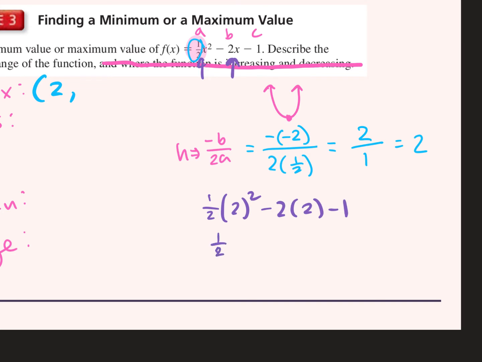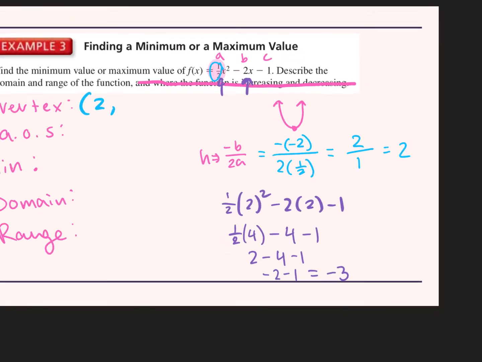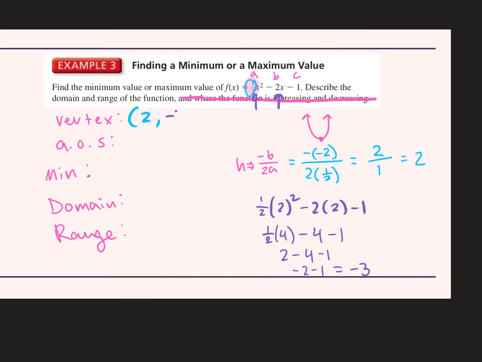So 1/2 times 4 minus 4 minus 1. What's 1/2 times 4? 2. So 2 minus 4 minus 1. 2 minus 4 would be -2, and -2 minus 1 would be -3. So the second number in my vertex is -3.